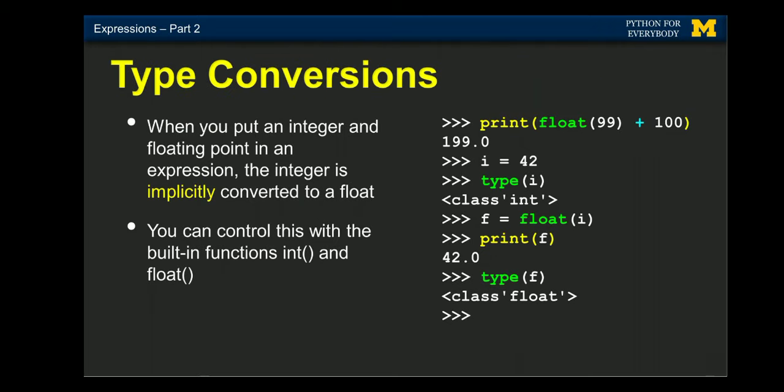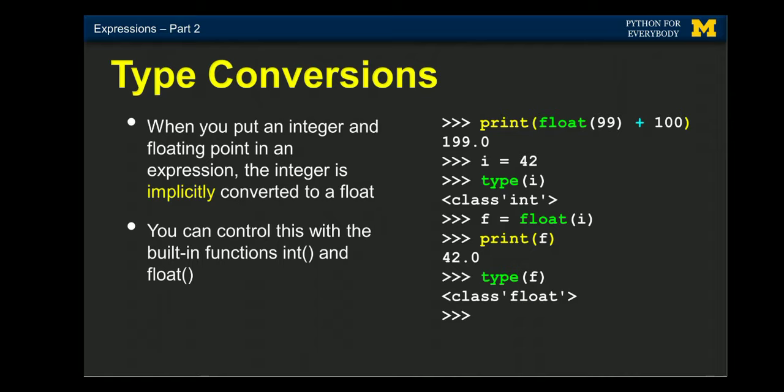Type conversion. When you put an integer and a floating point in an expression, the integer is implicitly converted to a float. Implicitly means something gets converted inside the interpreter; you don't have to specify things.